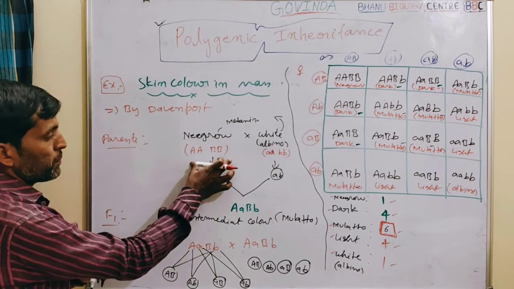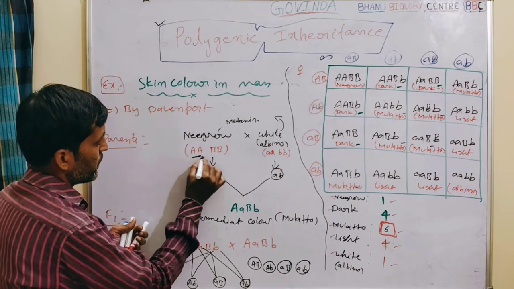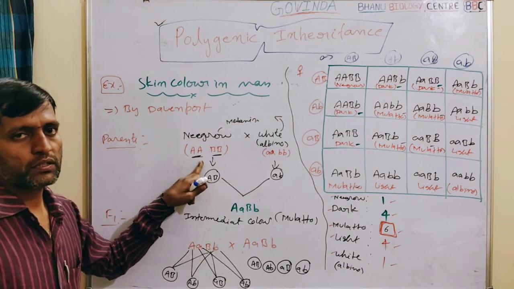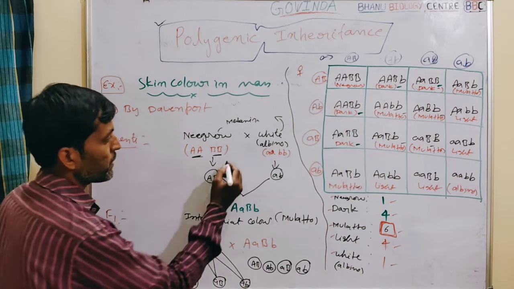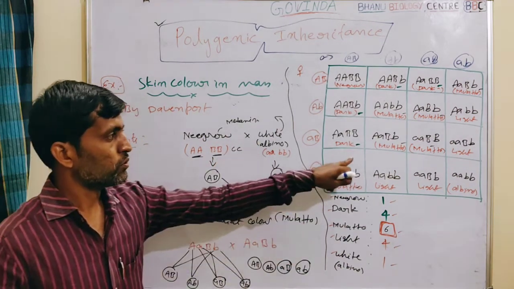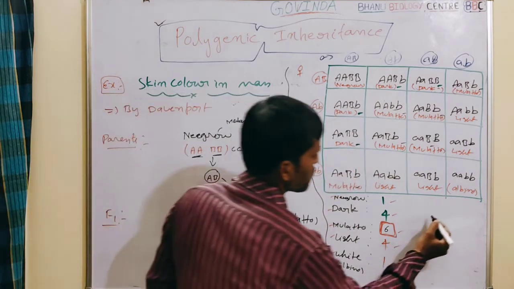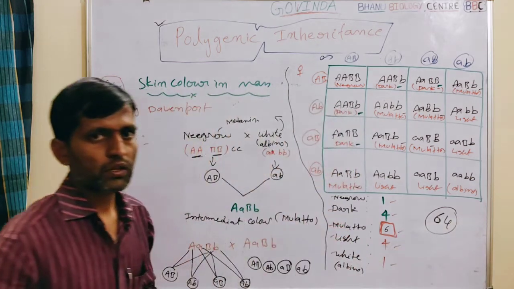In this example, 2 pairs of genes, capital AA and capital BB, influence the same character, that is skin color. Of course, we can take one more pair also to explain this same example. Then we have to draw a large Punnett square which contains 64 squares. The number becomes very large.